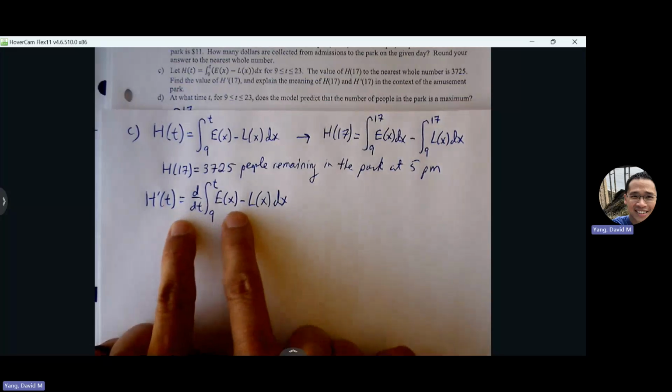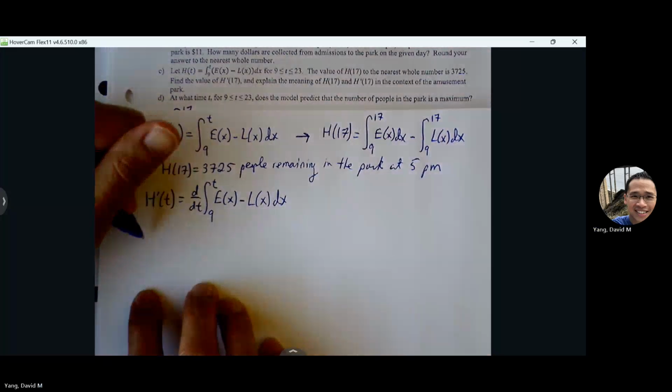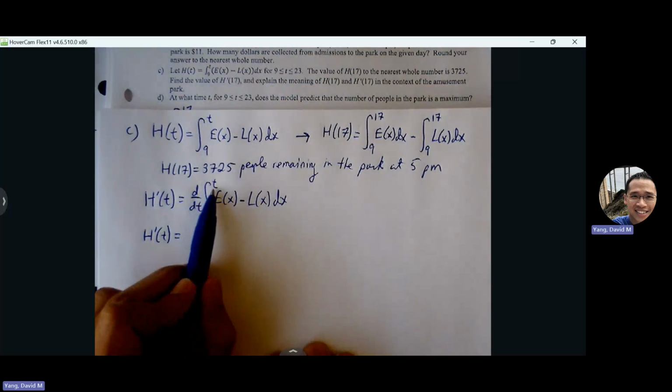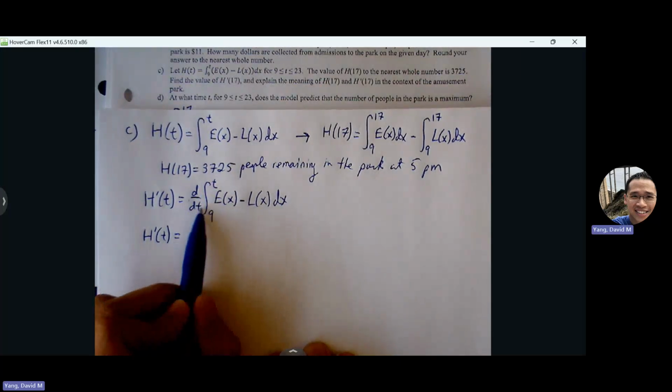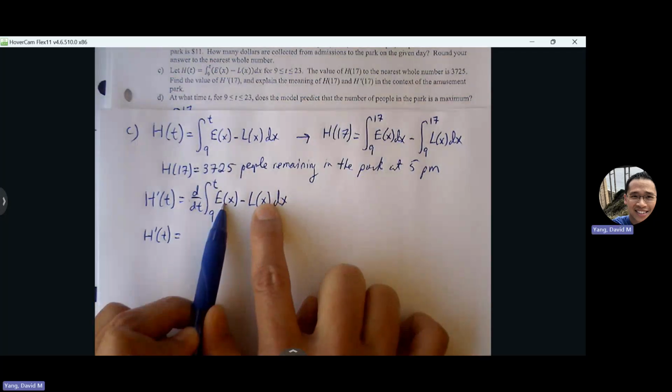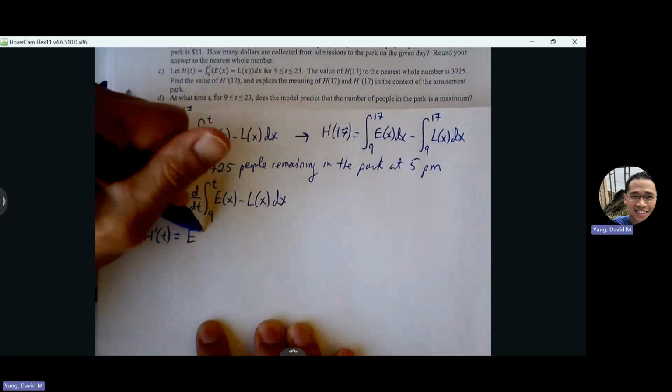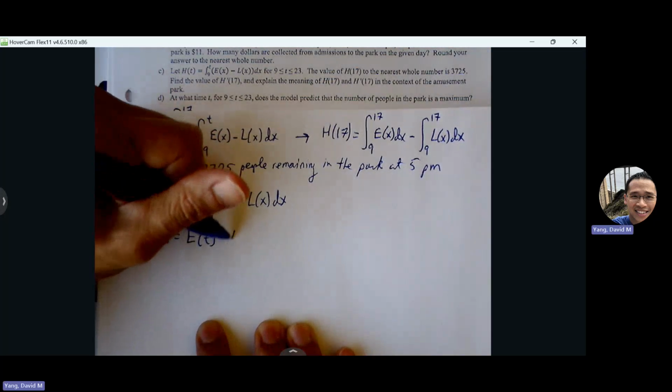What does this remind you of? This is that theorem, right? The second theorem. What happens with this derivative and integral here? Yeah, they cancel out, and I'm just going to replace the x with what? So h prime is just E of t minus L of t.